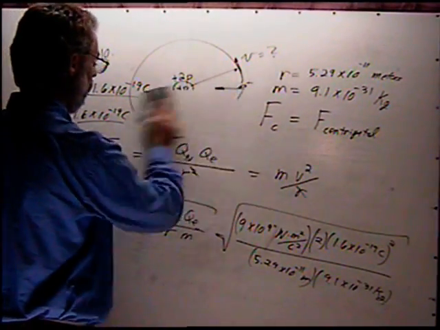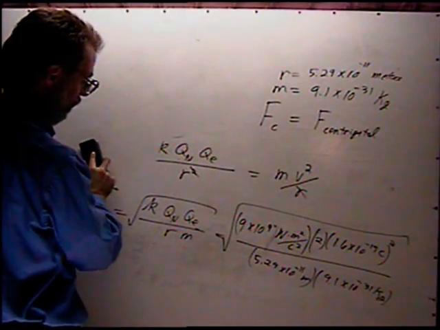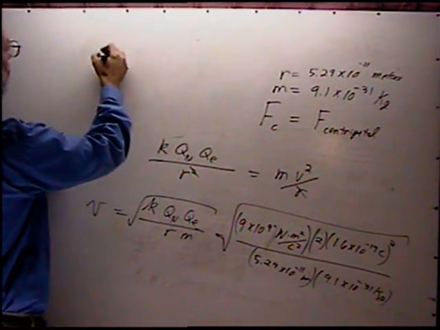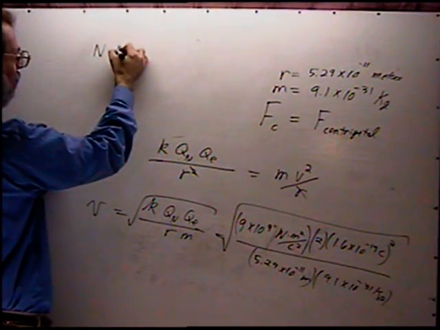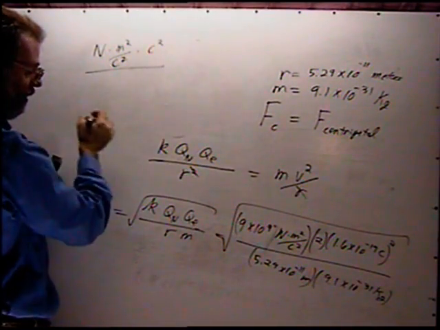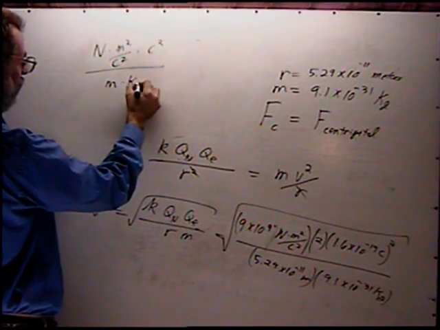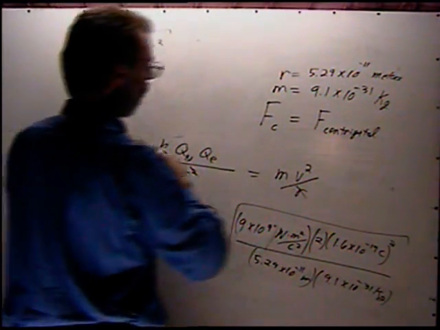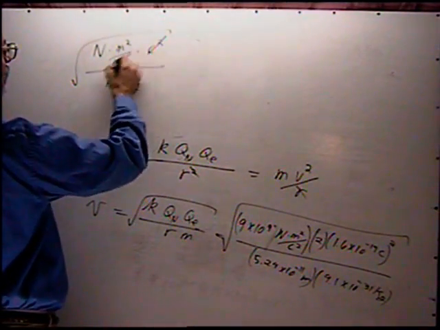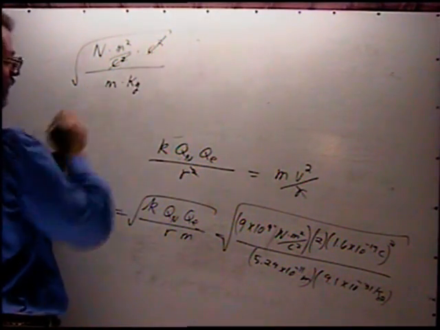I also want to look at the units here. Basically we have newtons times meter squared divided by Coulomb squared times Coulomb squared up top, and below we have meters times kilograms, and we have the square root of all that. Notice that the Coulomb squared cancels out.